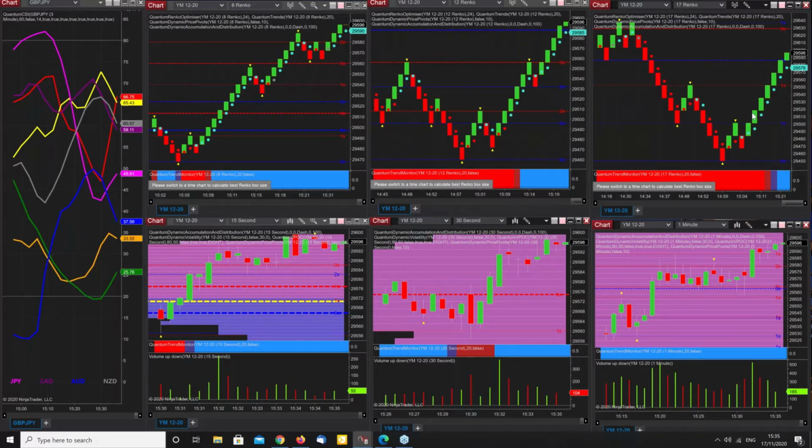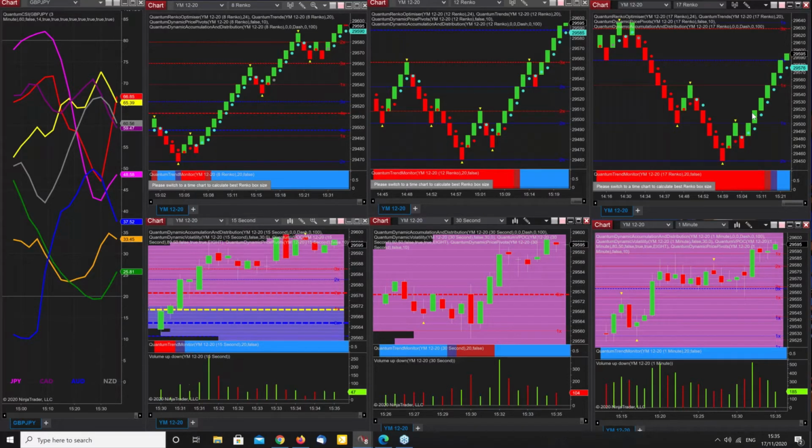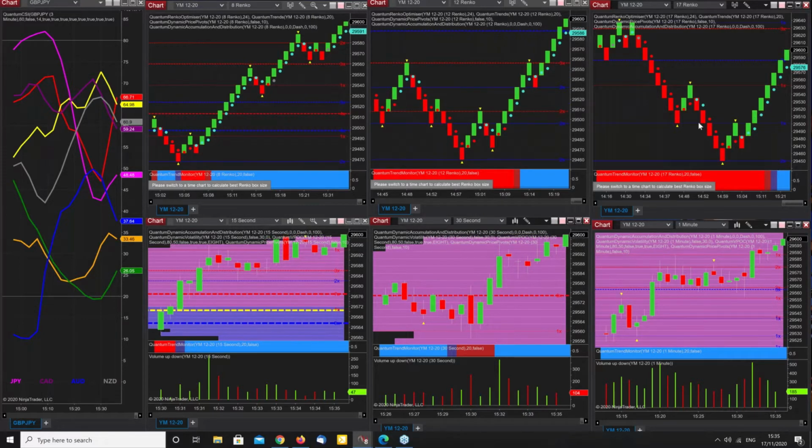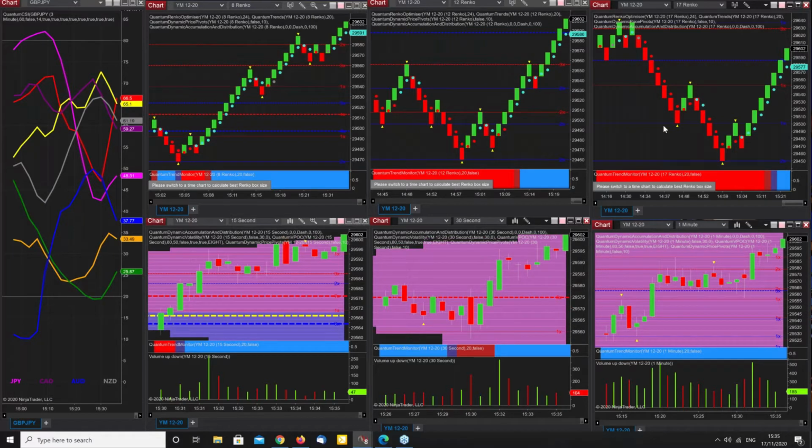You can certainly set them to your preferred. You might say, 8 points is too much for me, $40. I want to set it to 4, or 3. You can do that. But what this is saying is for this particular moment in the trading session, we are trading at the optimal brick size for this particular trend, which is driving nicely higher.